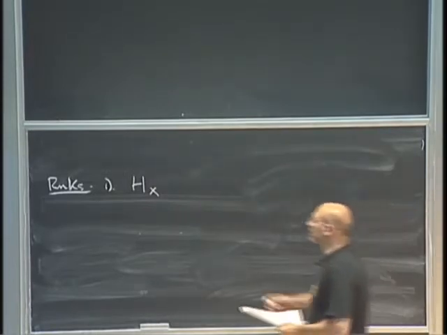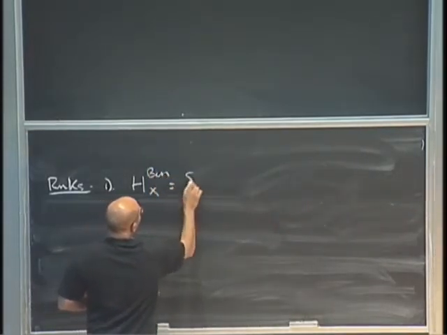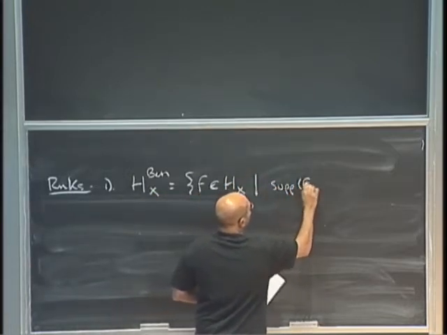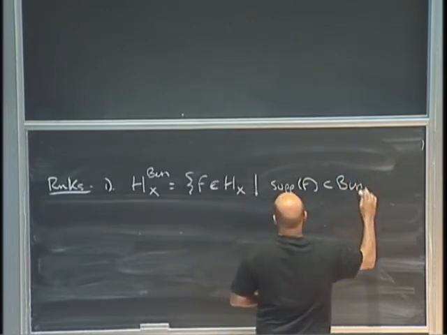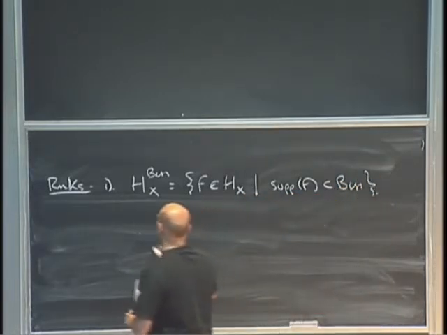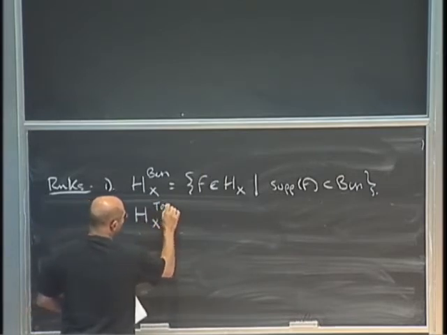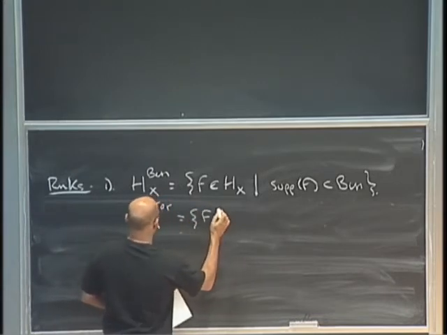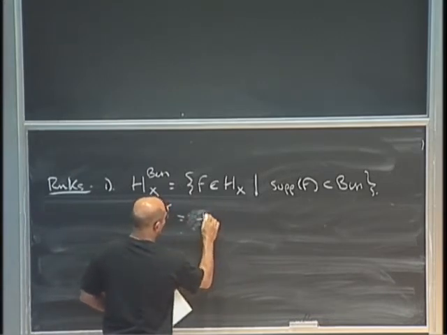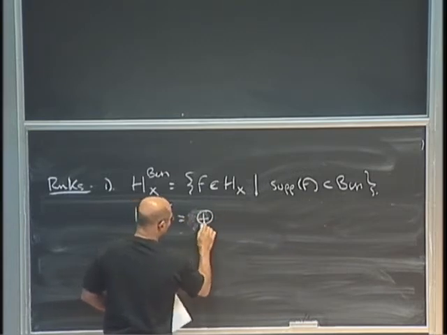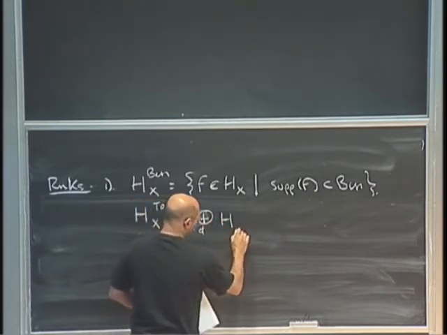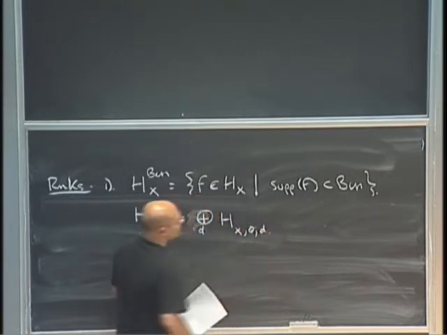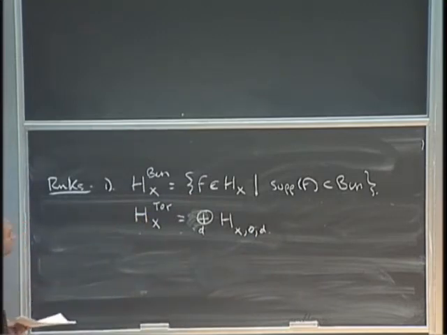So this would be H_x^bun, the set of functions in H_x such that the support of f is inside vector bundles. And you can consider the orthogonal thing, which is just a direct sum over all d of H_x^{R,0,d}, those functions whose support is on the torsion sheaves.